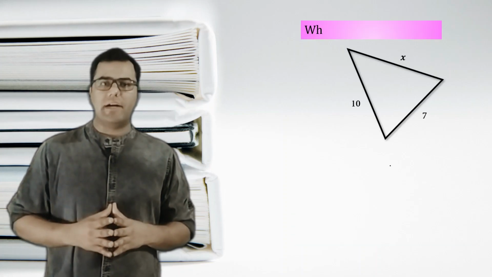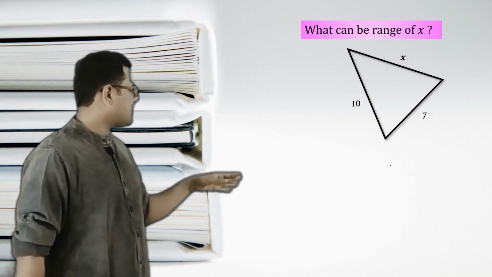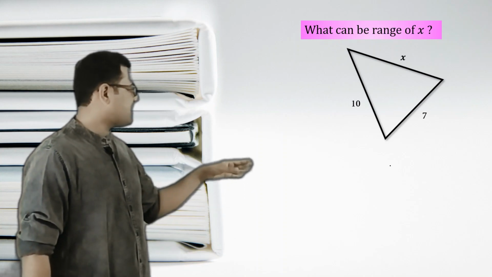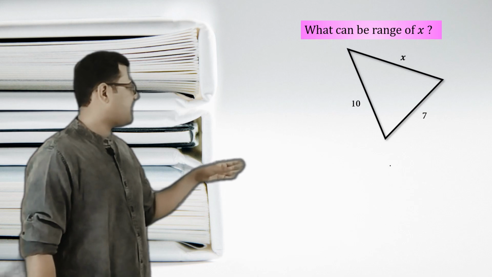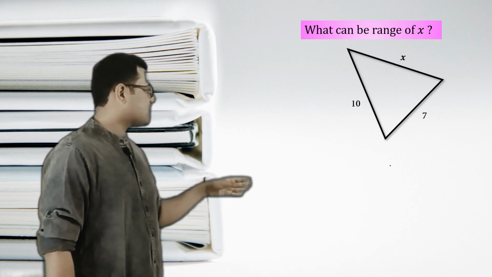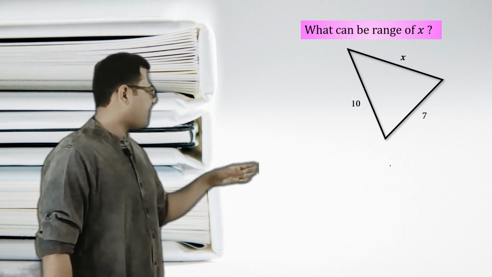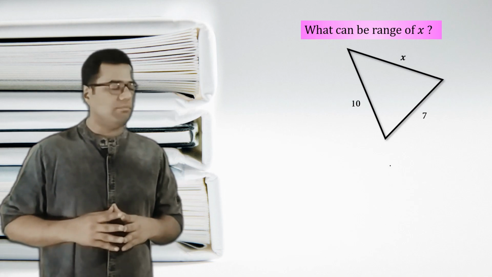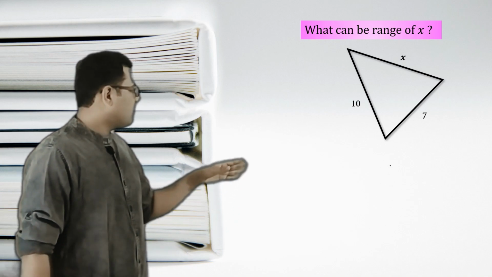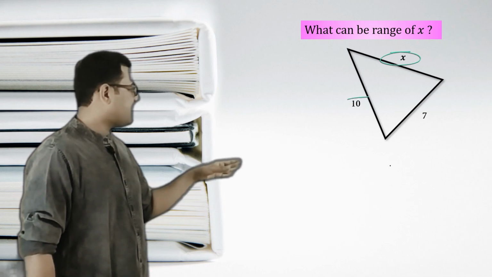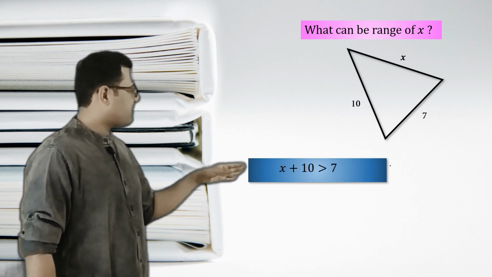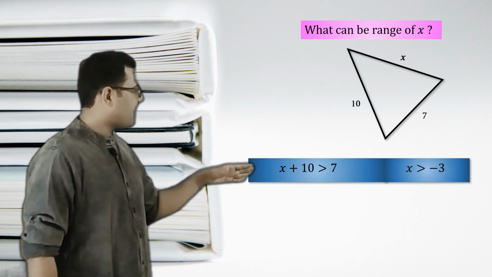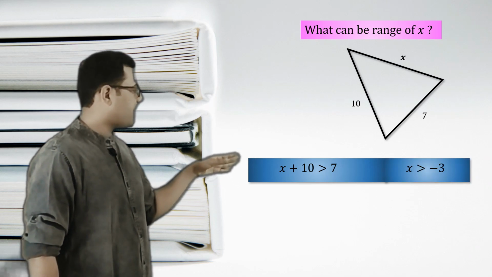Let's solve a problem related to this. This is a triangle we have been given. The sides have been given as X, 7 and 10, and we have been asked what can be the range of X. So let's apply this side inequality theorem. Take X and side 10 first. So X plus 10 must be greater than 7, from which we get that X must be greater than minus 3.